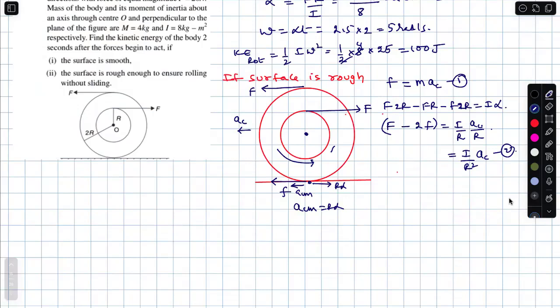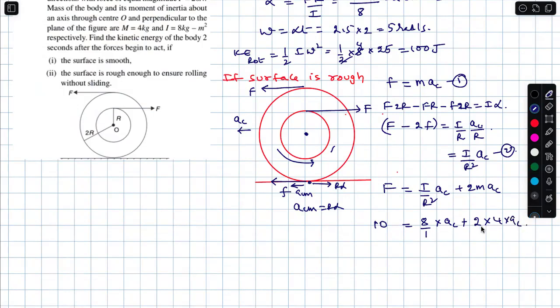That's all. Now you use 1 and 2. By using 1 and 2, you will get F is I by R square AC plus 2MAC. F is 20, sorry, 20. I is 8, radius is 1, AC plus 2 into mass 4, AC.